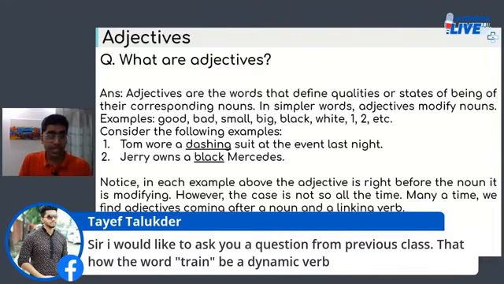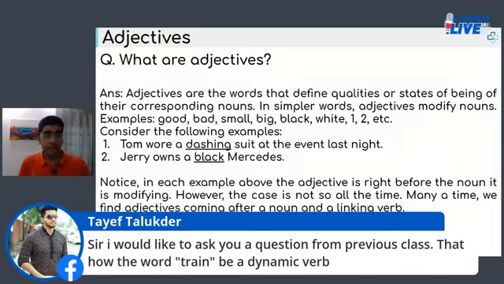So training is not a stative verb. I mean, it's not a non-action verb. It is an action verb. It's because you need to take some action to train. Now, for example, I am an English language trainer, so I train people on how to speak English or on how to write English better, right?